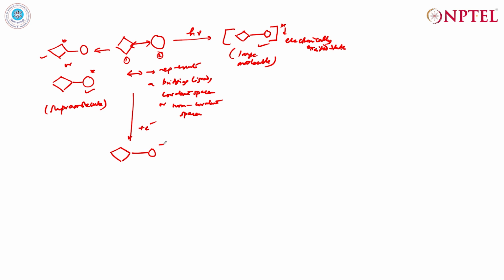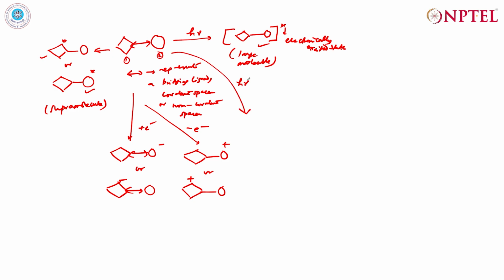It can lead to this, or we can have this covalent association or the backbone, or this. We can also remove an electron. It can form this kind of species.